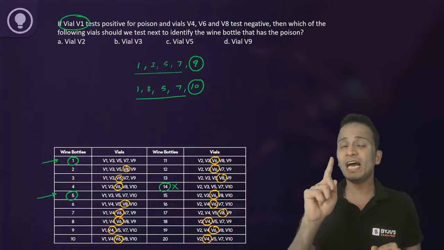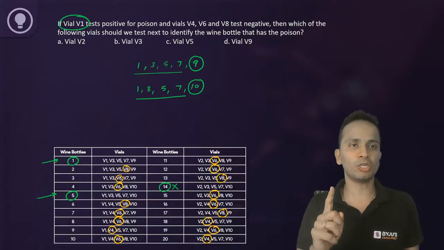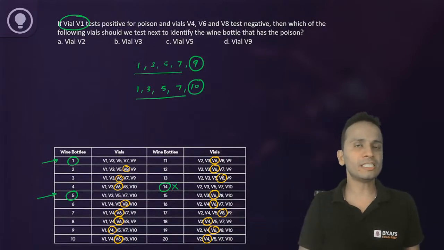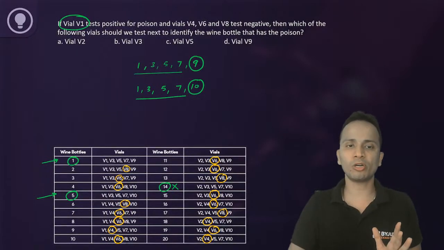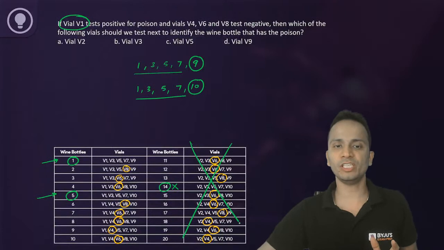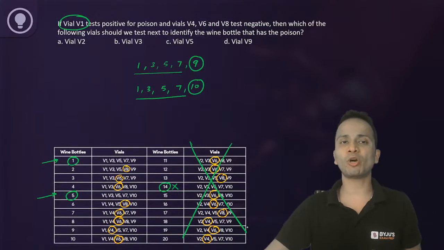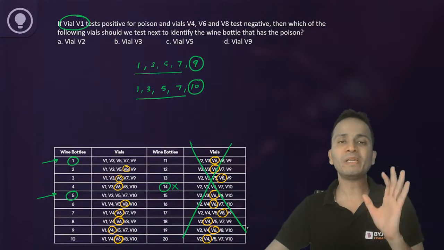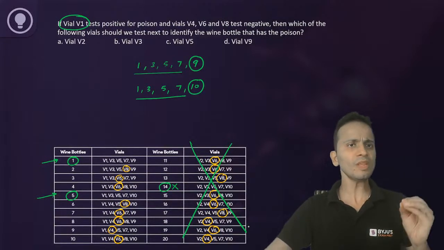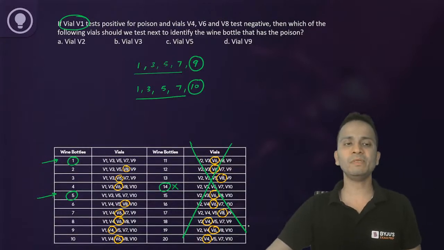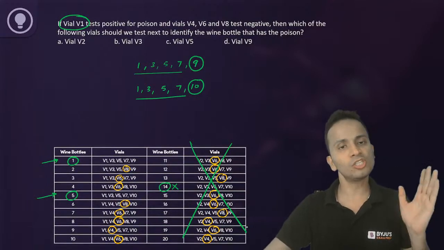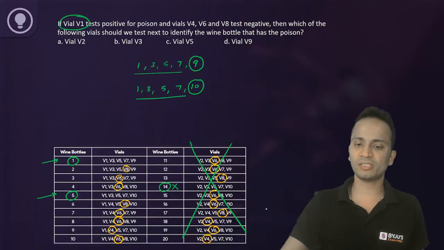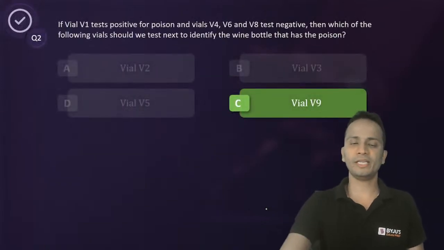We have poison in only one bottle. Since vial 1 is already tested positive, that means poison is there only in the first 10 bottles, not in any of the other bottles. So there was no need to separately check bottle number 11 to bottle number 20. Vial 1 tests positive, that means the poison is in any of the first 10 bottles, not in the last 10 bottles.